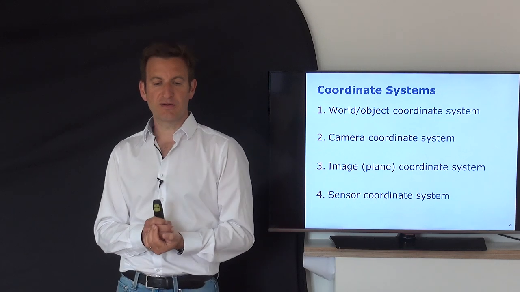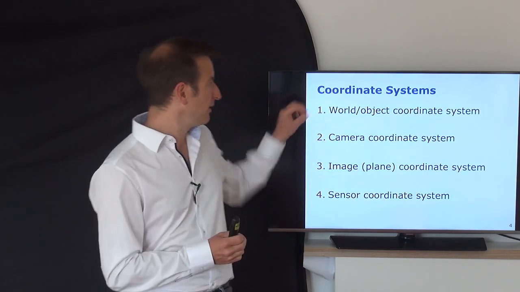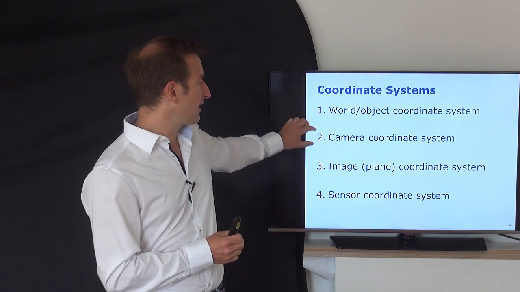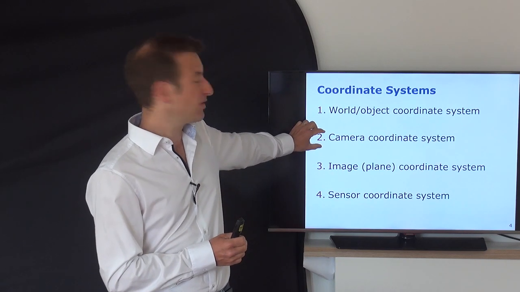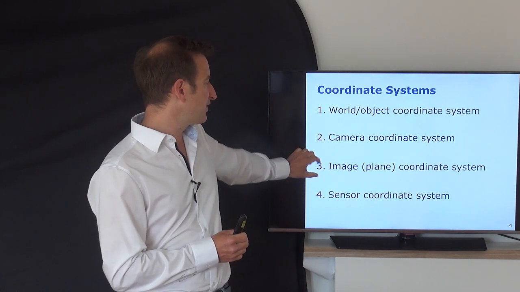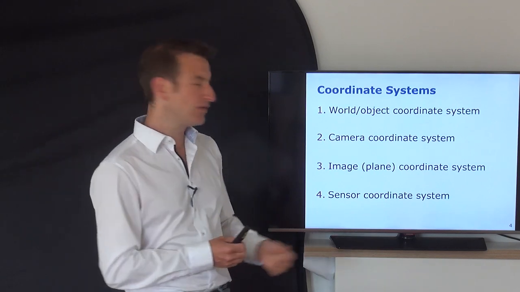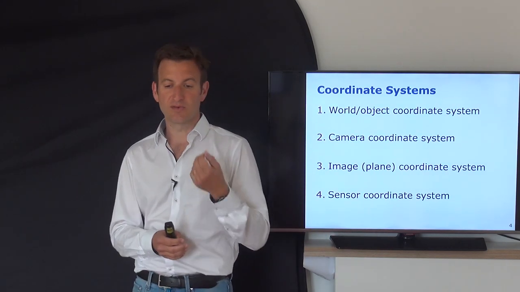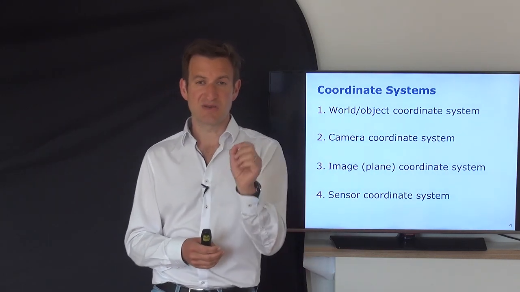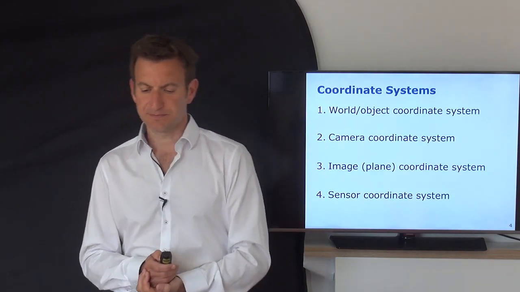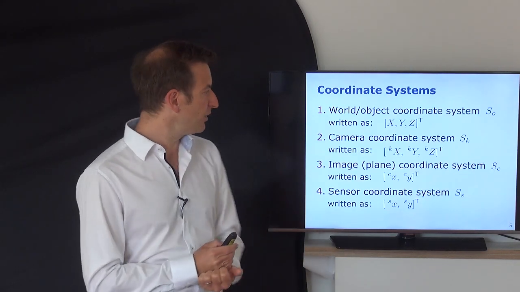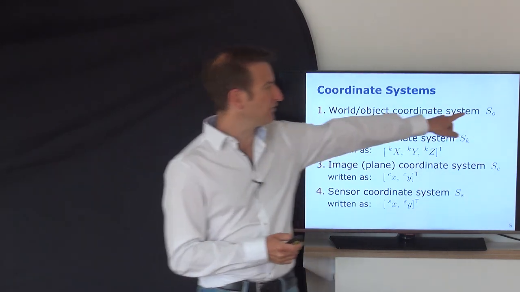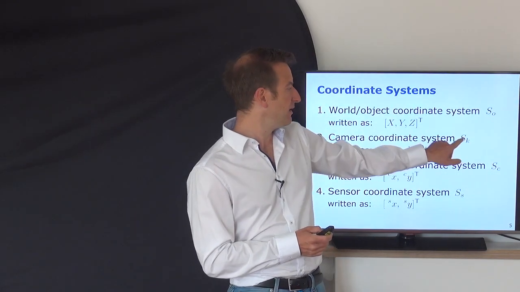So there are several coordinate systems involved, as I said: world or object, the camera coordinate system with everything expressed with respect to the camera, the image coordinate system with everything with respect to the image plane, and the sensor coordinate system with everything with respect to the sensor itself, which generates our pixel information. The world coordinate system is called SO, for object.